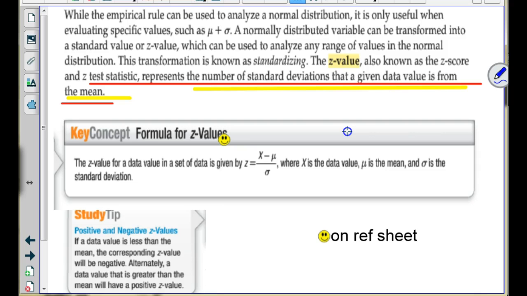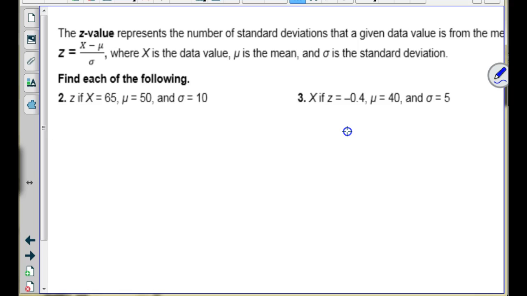All right, we're not going to talk about z-values today. So your homework is bookwork from page 660 on 11B.